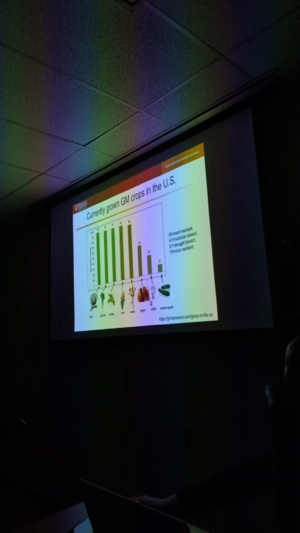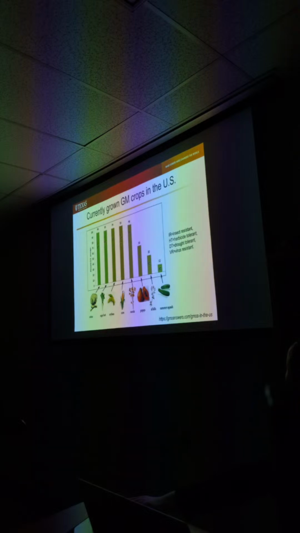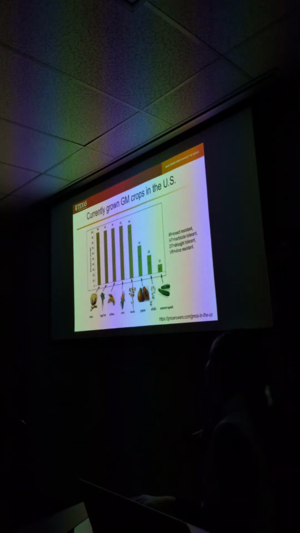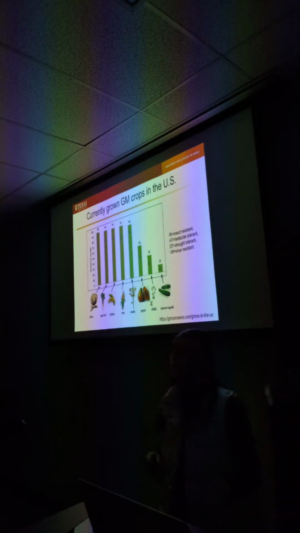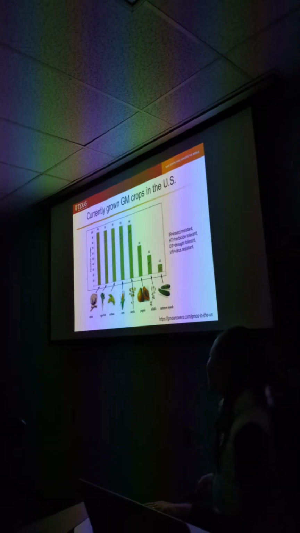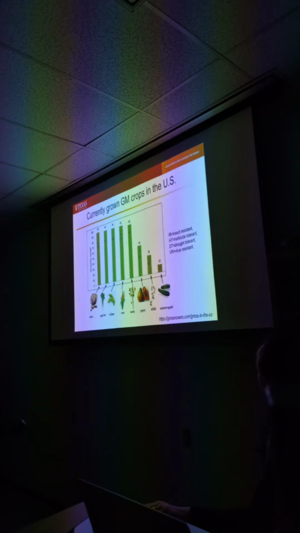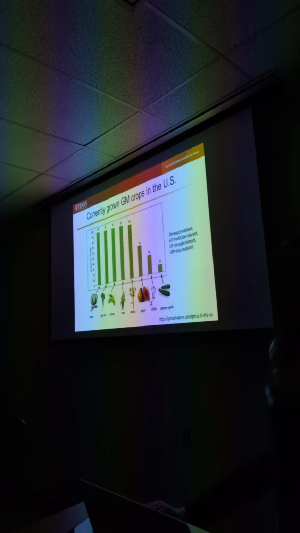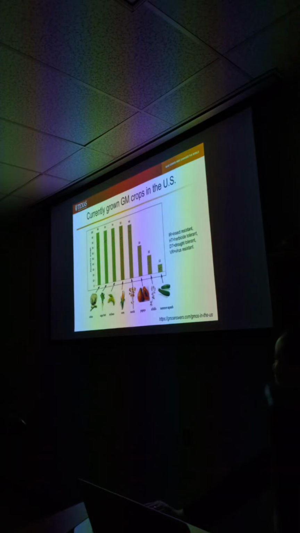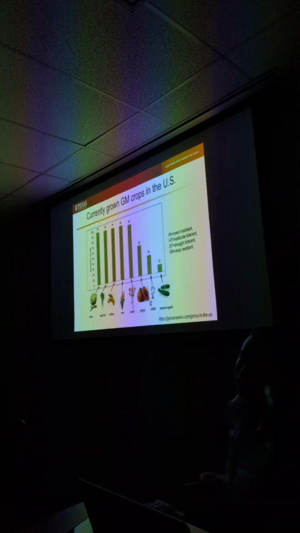A lot of them have resistance to insects, herbicides, or different viruses and stresses. By using these GM crops, it can significantly decrease the use of herbicide and increase the quality of these products.